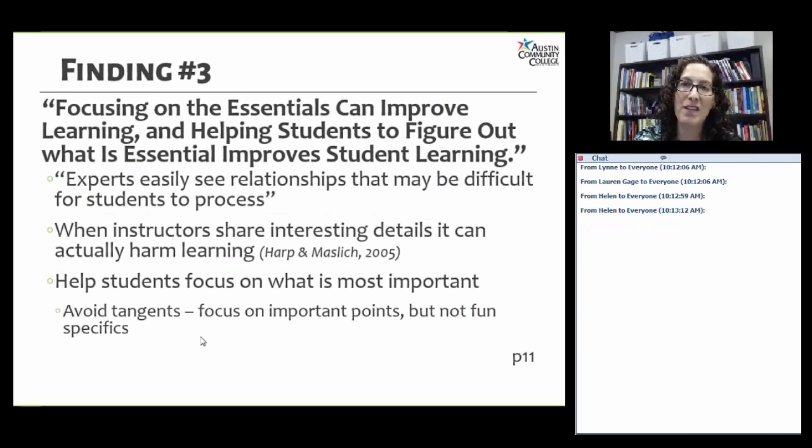And we're encouraged by the authors of this book to avoid tangents, to avoid jumping to too many connections, and instead to let students figure out connections. So if you provide some information, encourage your students to make some connections and share them with the class rather than you doing all the work for them because they may not be following your leaps the way you expect.